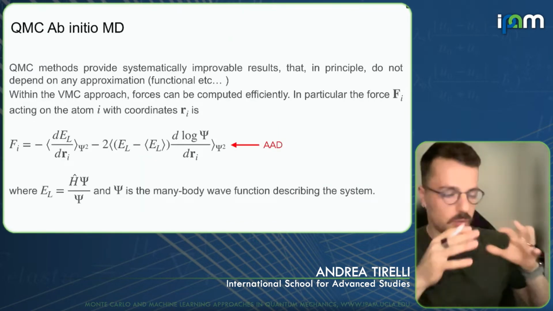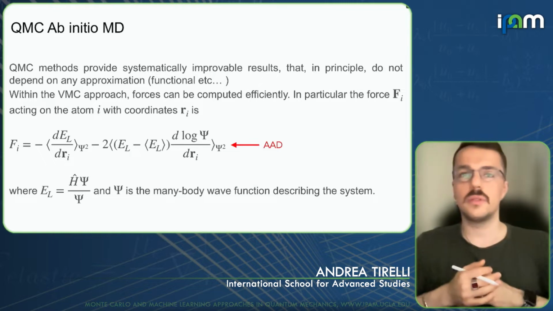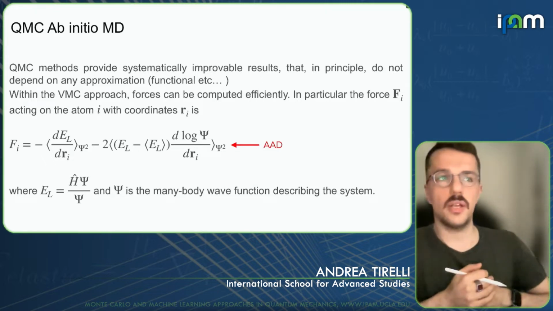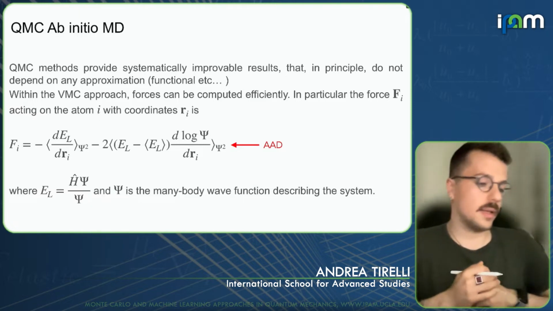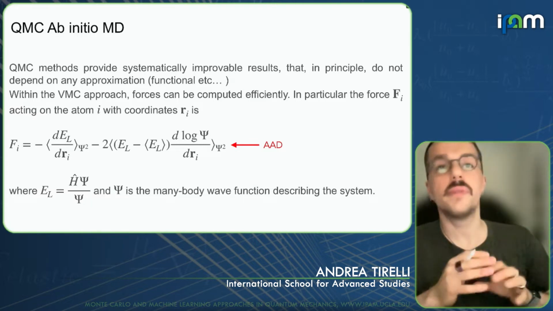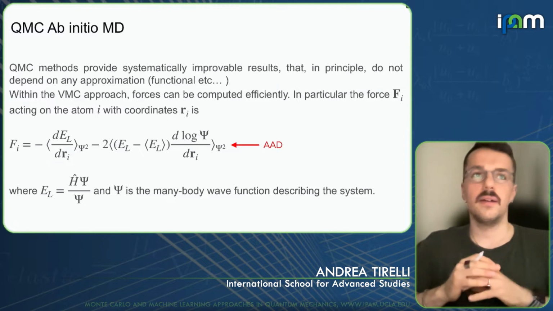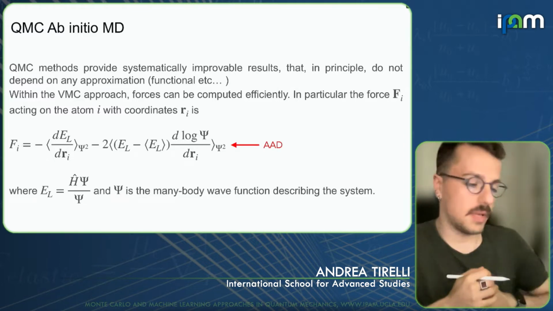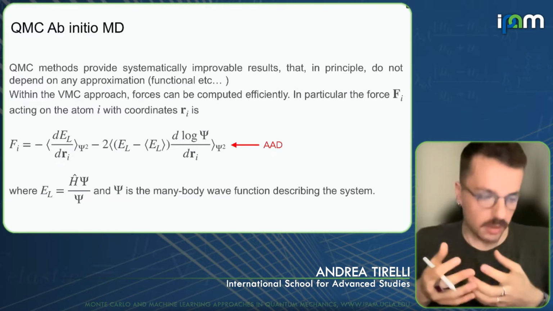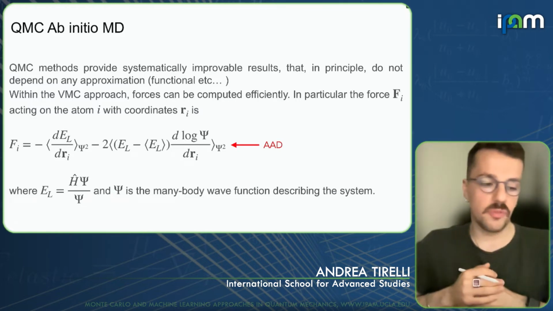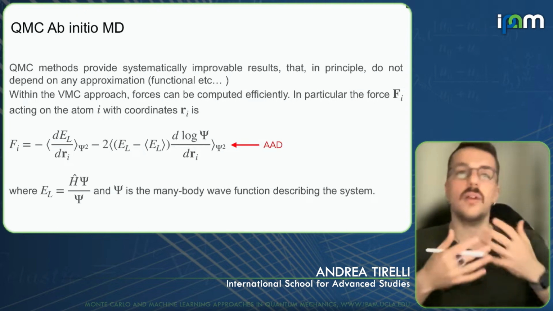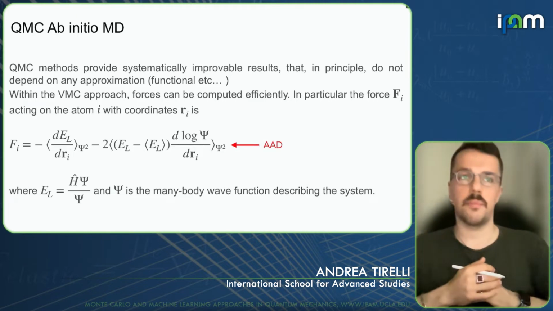This question about constructing machine learning potentials has been around for some time now, and I'm going to focus on QMC as a target method. Because QMC is a systematically improvable method, and it does not depend on any specific approximation.